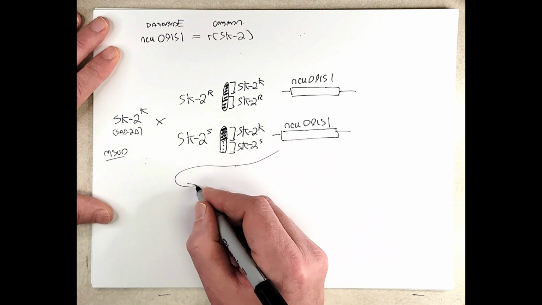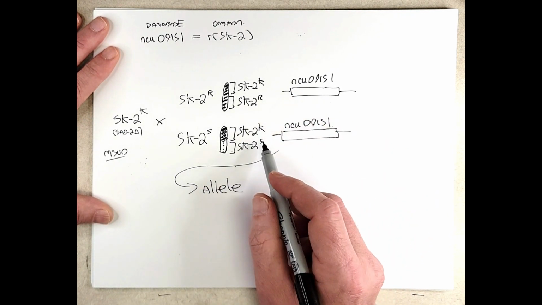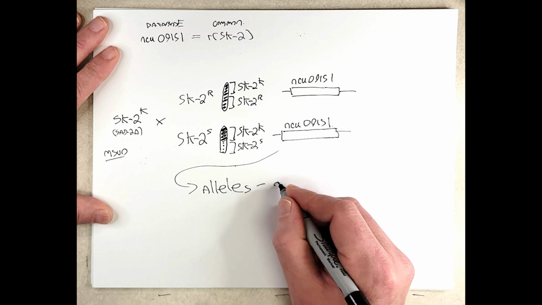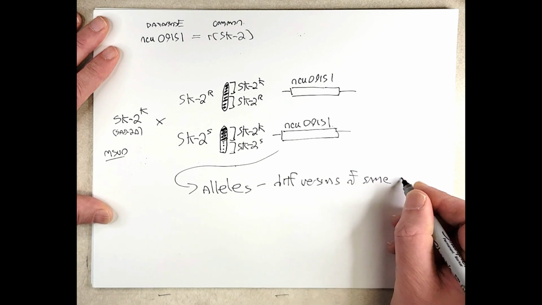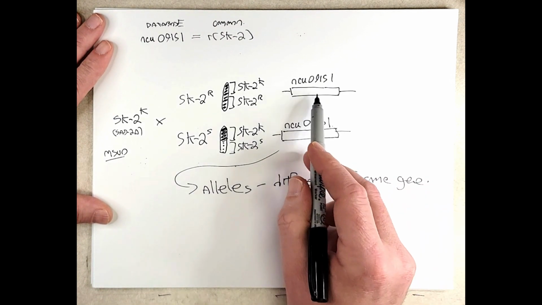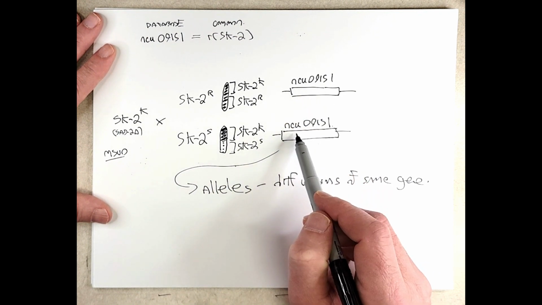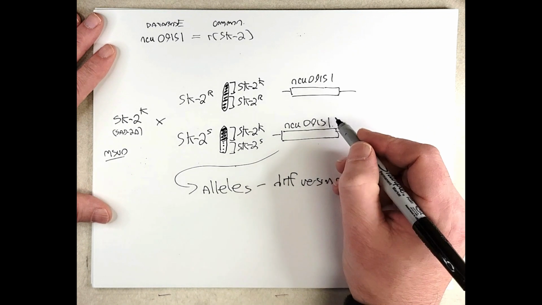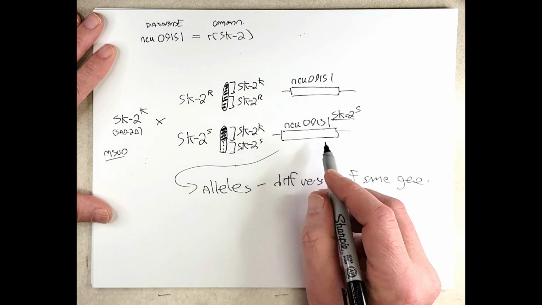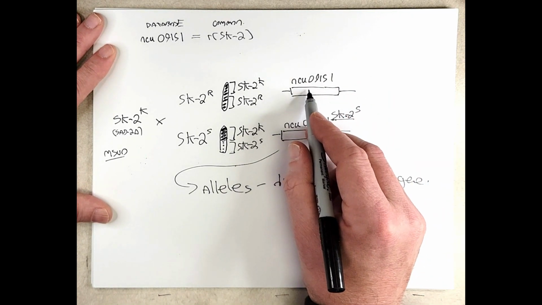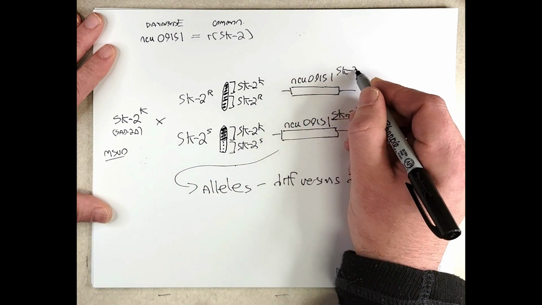So the reason is these are different alleles, right? So alleles are different versions of the same gene. So different alleles have different sequences. And so if we look at the sequence of, let's say, NCU09151 in the SK2S strain, I'll superscript that, it's going to be different than the allele of NCU09151 in the SK2R strain.